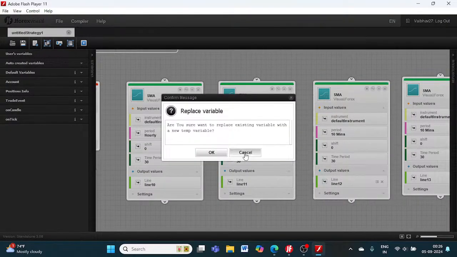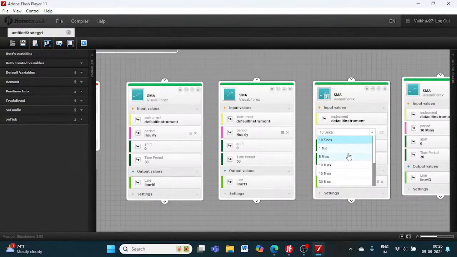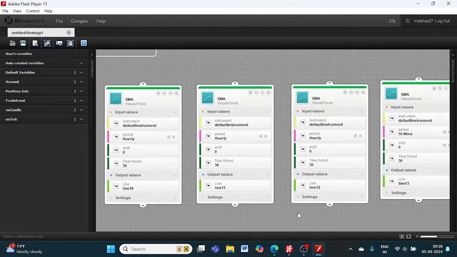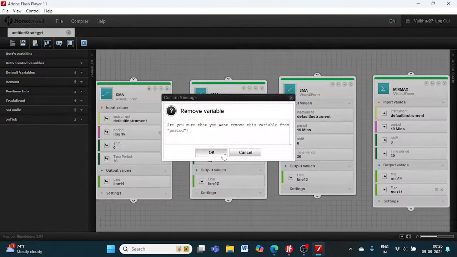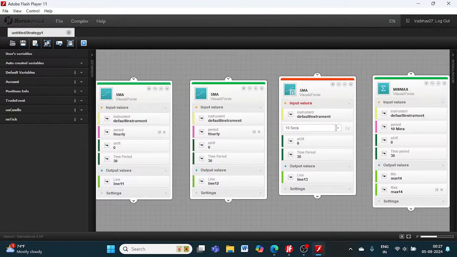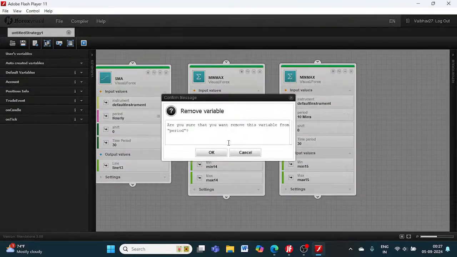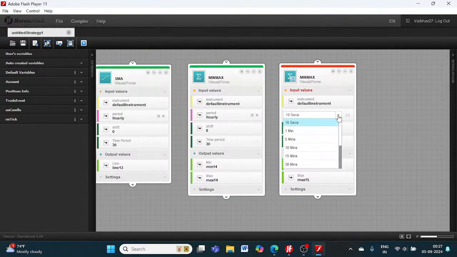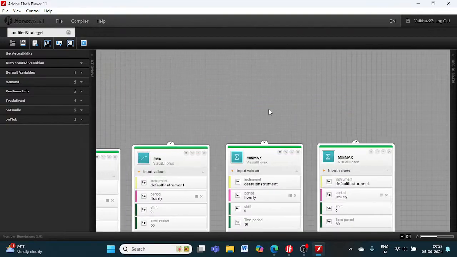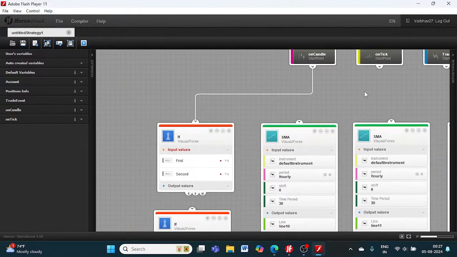So this needs to be changed. Min-max also. Alright.